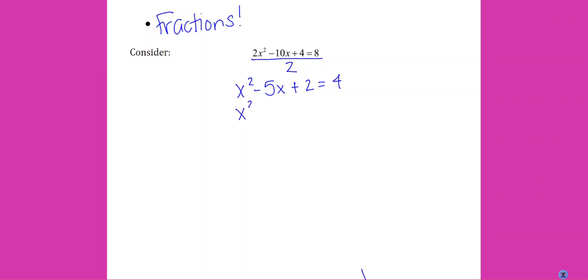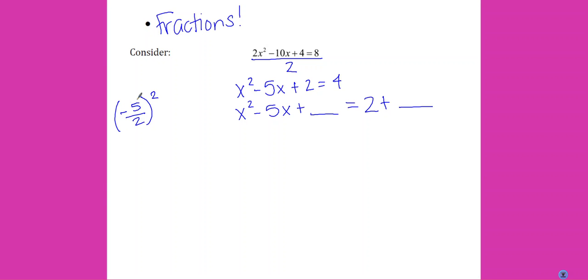I'm going to get my x's on one side, leave space for the term I'm going to add. So b over 2 squared.